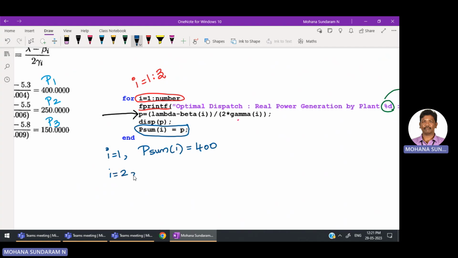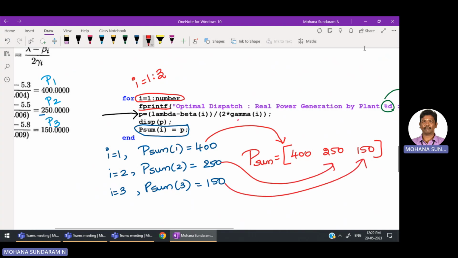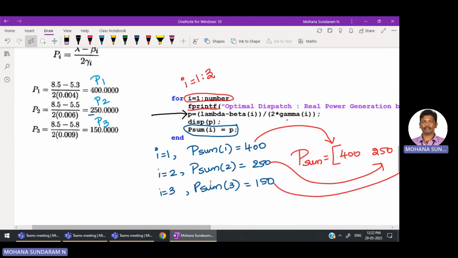For I equal to 2, P sum of 2 equals 250. When I is equal to 3, P sum of 3 equals 150. So on the whole, P sum has three numbers in it: 400, 250, and 150. Why are we doing this? Because it will help us calculate the total fuel cost.